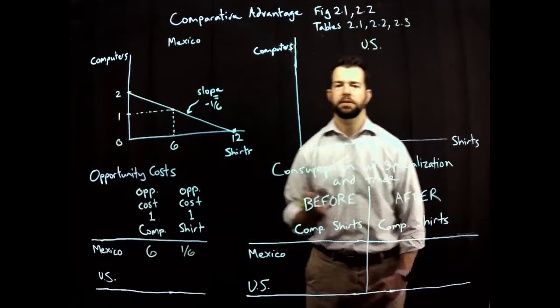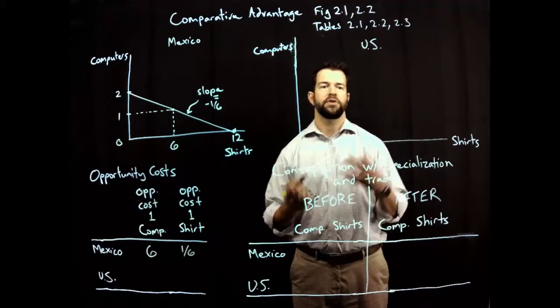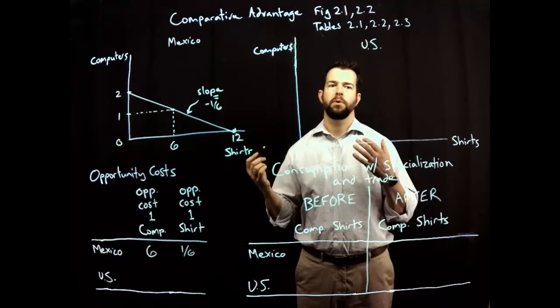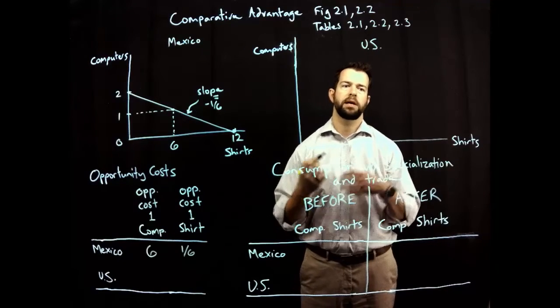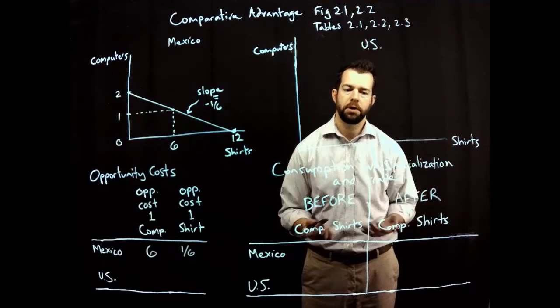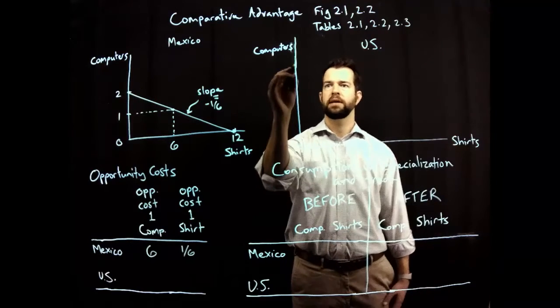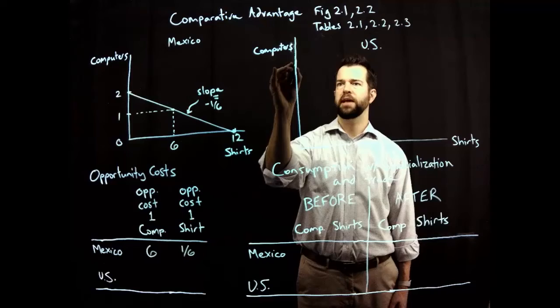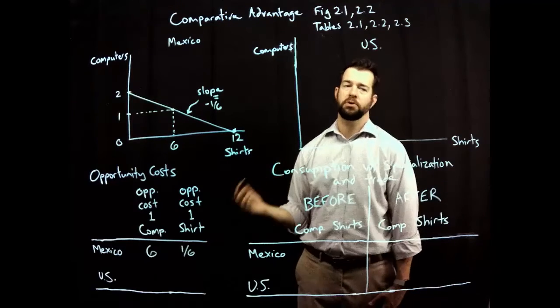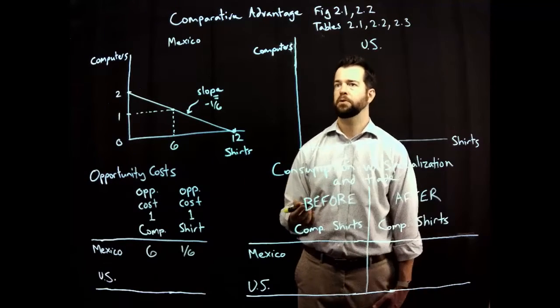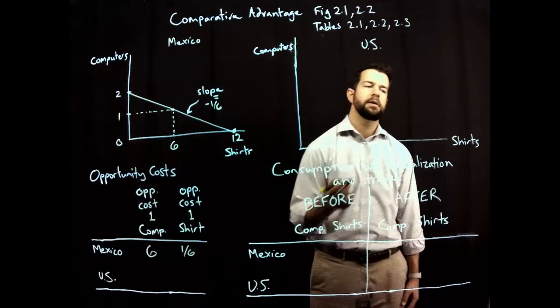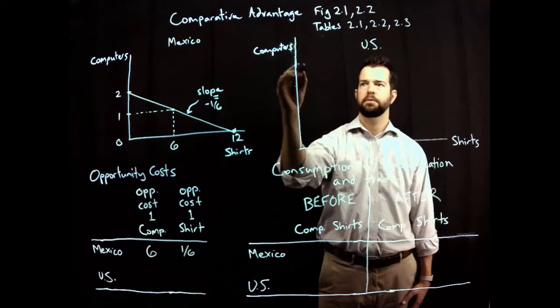Now let's turn our attention to the United States. The United States is a bigger country. They've got more people, more capital, more entrepreneurs, and better technology. And so with that, they have what is known as an absolute advantage in both computers and shirts, which means they can produce more computers than Mexico, and they can produce more shirts than Mexico.